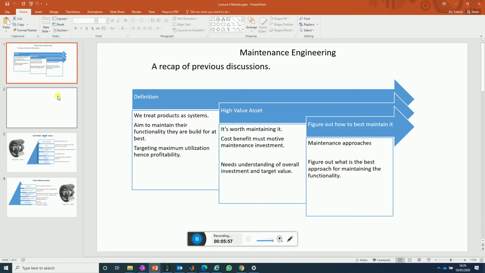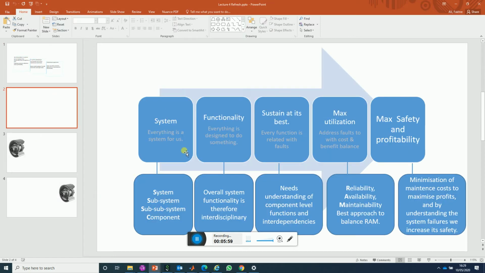so we talked about systems being complex. Every system we build is complex, so we have to appreciate the complexity of the systems we're dealing with. Systems comprise subsystems, and those subsystems may also have their own subsystems.